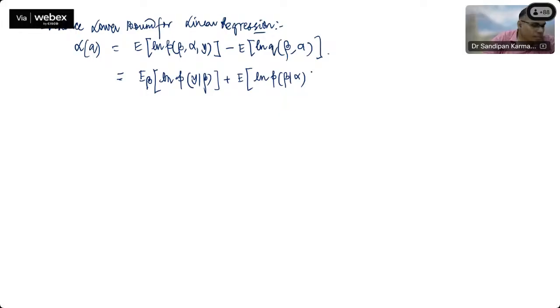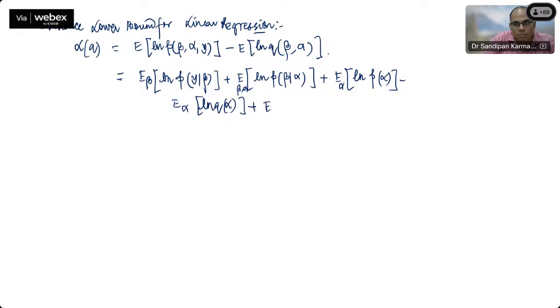The expectation will be in terms of beta and alpha, plus E of ln P alpha, and the expectation is with respect to alpha, minus the expectation of q beta and alpha, that will be ln q beta plus ln q alpha.